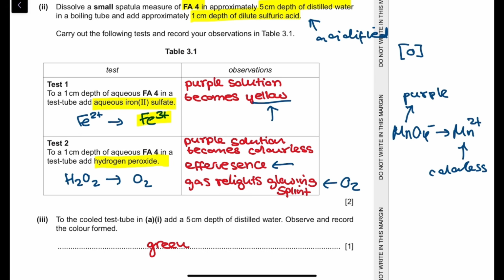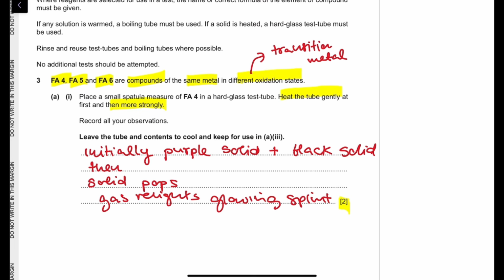So here, for FA4, we added it to a hard glass test tube and we heated gently and then more strongly. The observations we had were that it was initially a purple solid, and we had a black solid form, and then when we heated more strongly, the solid popped and the gas produced relit a glowing splint. So since a glowing splint was relit, then we know that that's oxygen for sure.